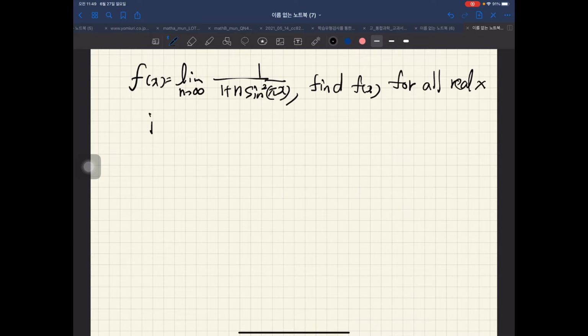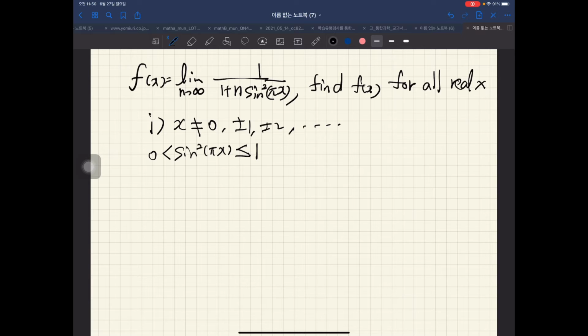First, when x is not an integer value, the sine squared of pi x can never be 0. It is positive, less than or equal to 1.